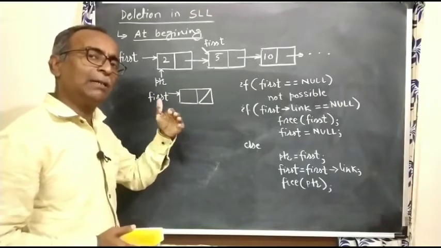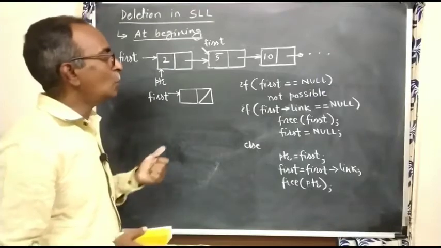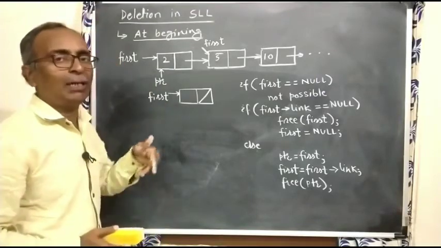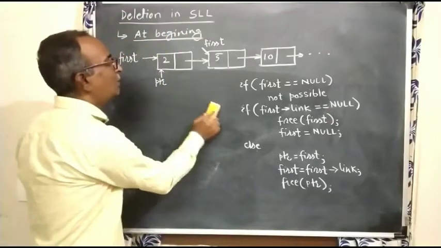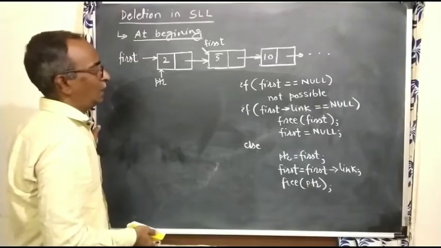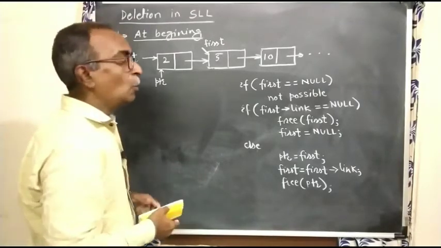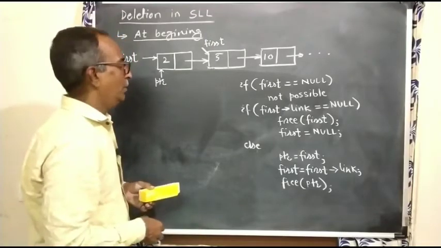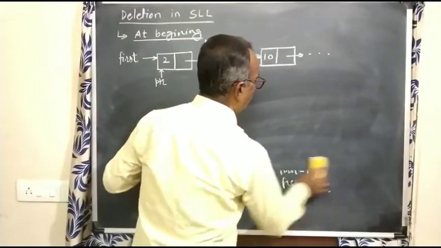Some examples we have seen when first was global. If it is considered a local variable defined in main, suppose, then how can we write the function? That we will see.